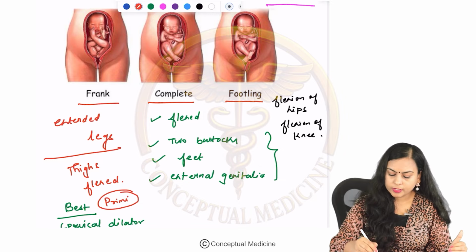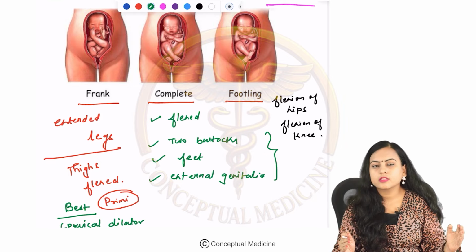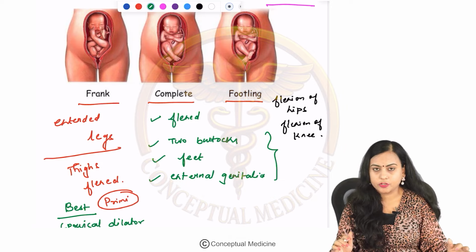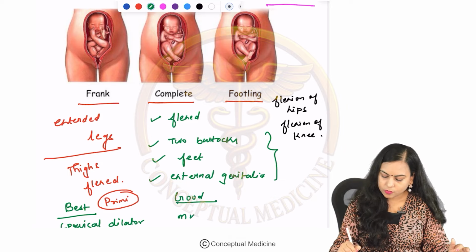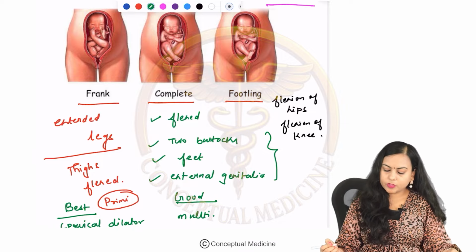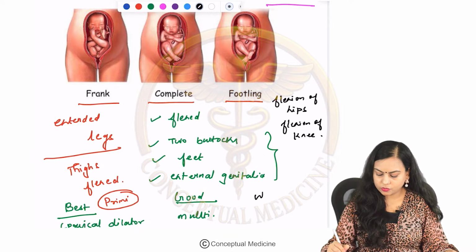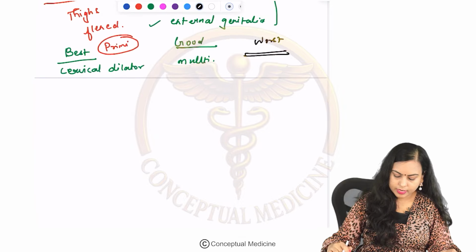And when you talk about the complete breech, the prognosis is somewhat good, but not as good as the frank breech. However, the prognosis is also good here, and it is most commonly seen in your multigravida, and the worst prognosis is seen with your footling breech.